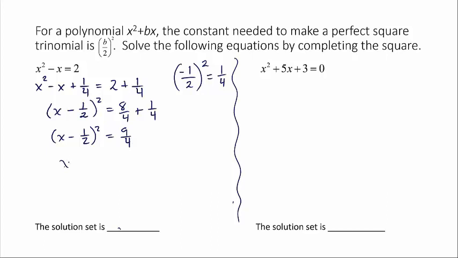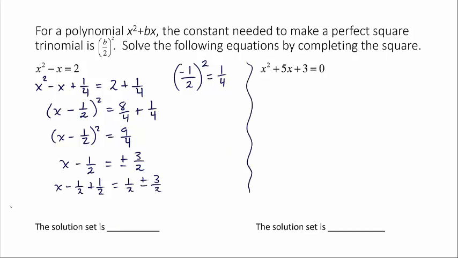Then we take the square root of both sides using the square root property, which means the square root of 9/4 is going to be plus or minus 3/2. From there, we want to add 1/2 to both sides. x minus 1/2 plus 1/2 equal to 1/2 plus or minus 3/2.